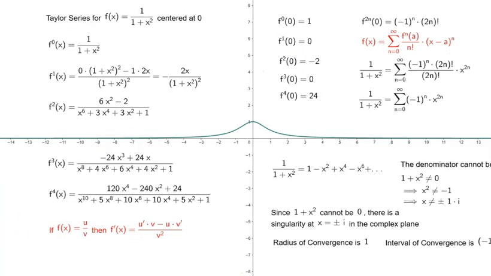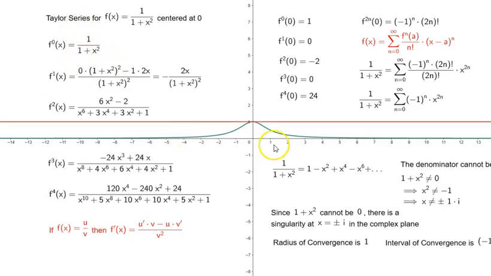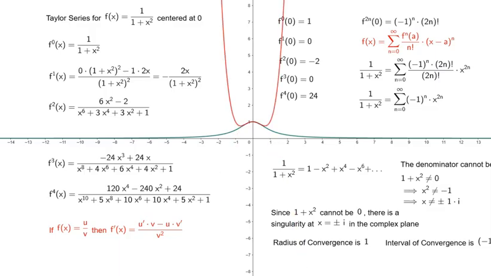Now let's look at the graph, how it will look like. So this is the graph for 1 by 1 plus x square Taylor expansion. If we just take the first term of this, 1, so this is the graph for 1, only the first term. Now if we take 2 terms, 3 terms, 4 terms, 5, 6, 7 terms, you will notice beyond this it doesn't work.